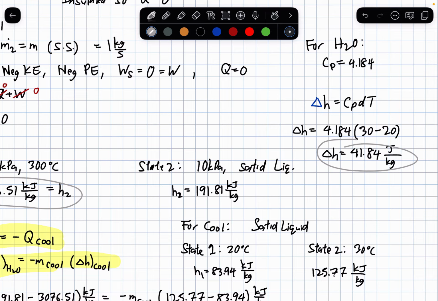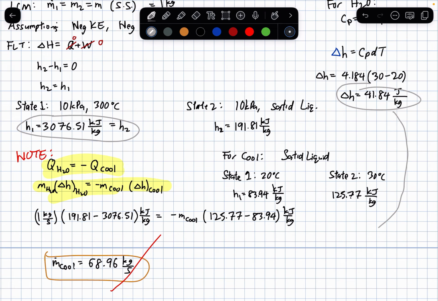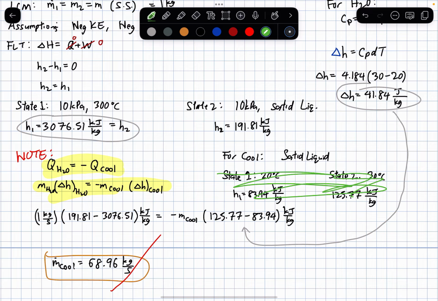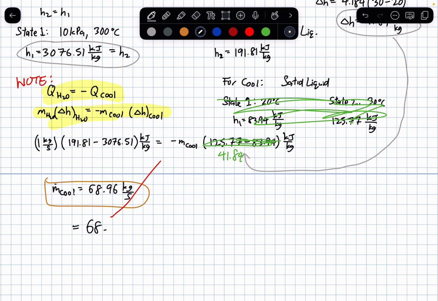Let's try to ignore this. In place of this, we have 41.84. Let's see what happens. 191.81 minus 3076.51 equals negative x times 41.84. Precisely. We were also able to get the same thing, 68.95 kilograms per second.